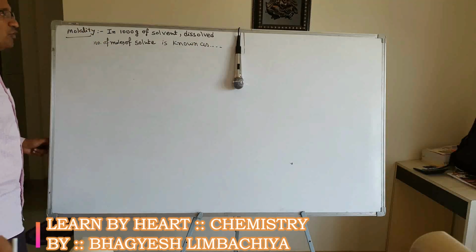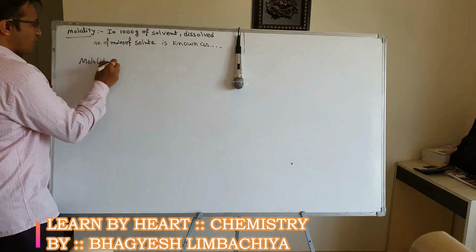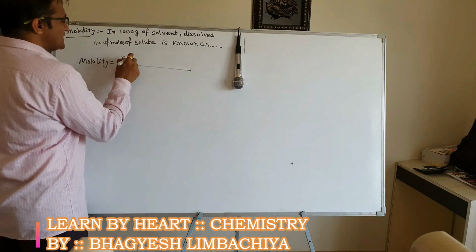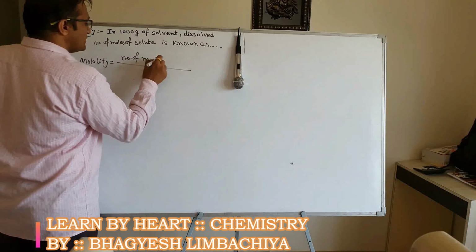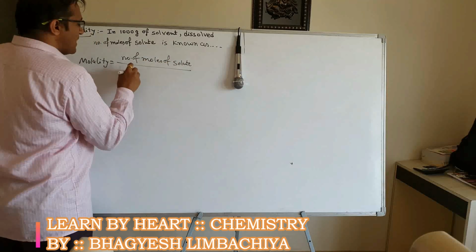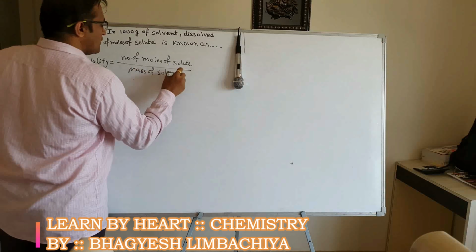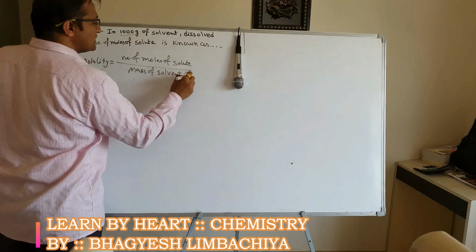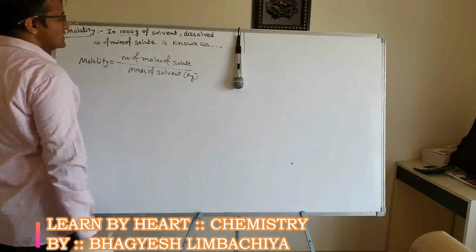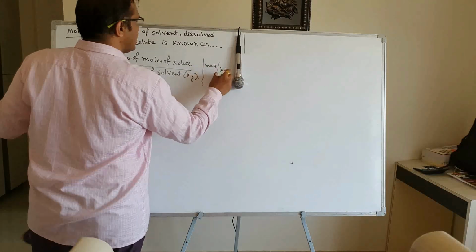So simply, the formula of molarity is number of moles of solute divided by mass of solvent, and 1000 gram is 1 kg. So the unit of molarity will be mole per kilogram.